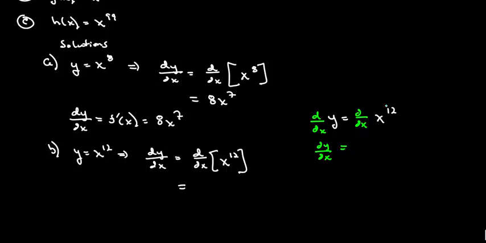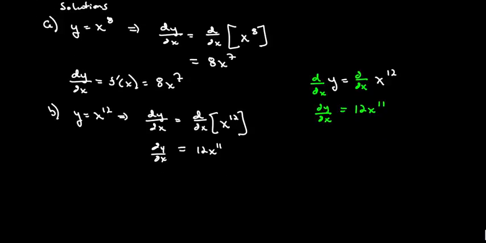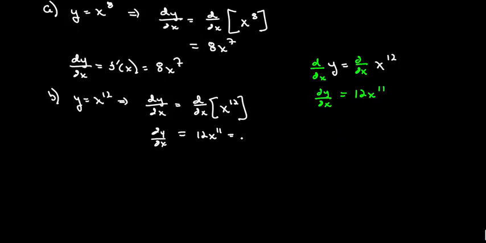This just stands for we have to take the derivative, and so we get 12x to the 11th. So dy dx is equal to 12x to the 11th. Why is that? We take the 12, bring it down front, and then subtract 1 off the power. And remember that this is now g prime of x, because that's the derivative of g.